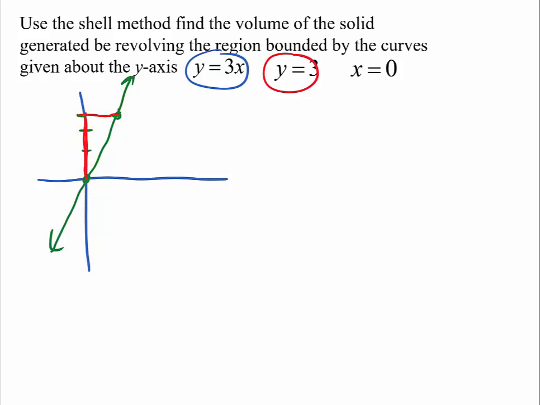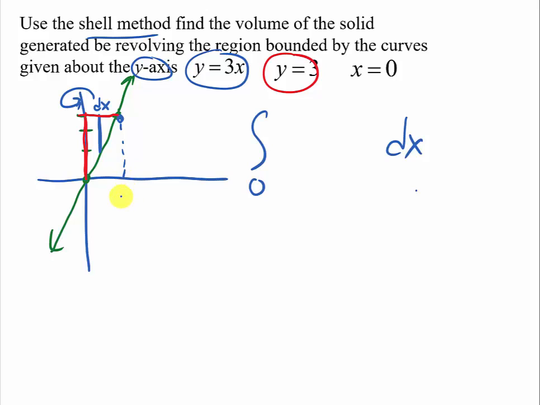Now we're supposed to rotate this time around the y-axis. So we're going to rotate here, and we are supposed to use the shell method. When I make my representative slice for shell method, it's parallel to the axis of rotation. So my shells are going to run like this. So it looks like we again have a little thickness dx, so everything's going to be in terms of x, and my x is going to go from 0 to whatever the x value is right here.